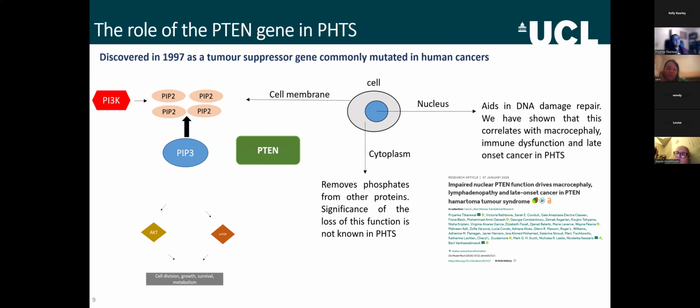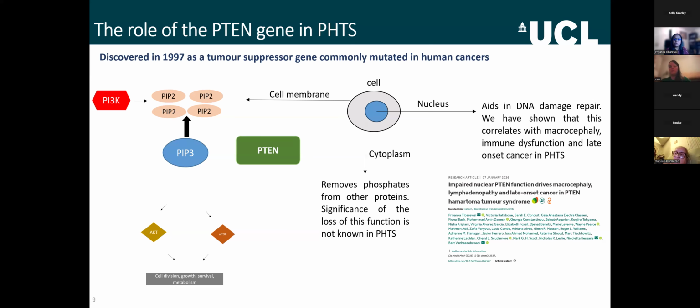Now, because the PTEN gene is expressed in every single one of our cells, when there is a defect, it affects every single cell. It causes phenotypes in some, so you don't see an impact on all the different types of cells, but you do see it in a variety of cells. You have the macrocephaly and ASD related symptoms, which are because of its impact on neurons and the central nervous system.